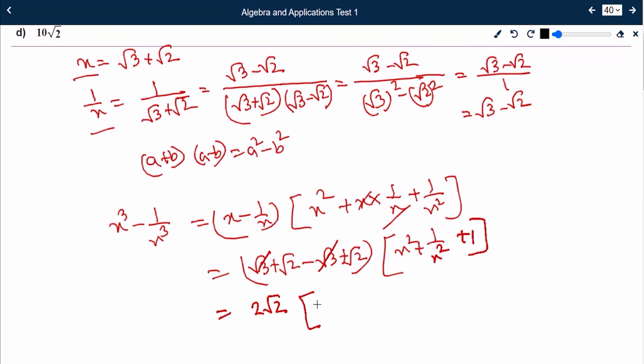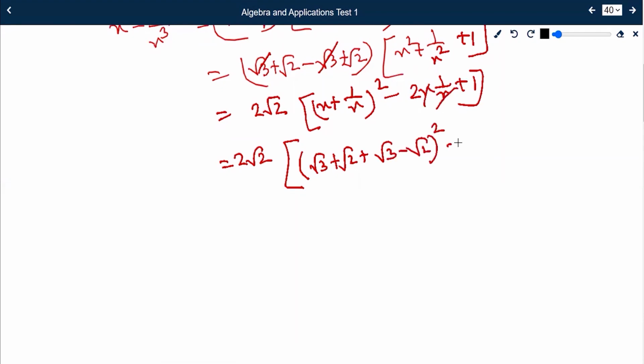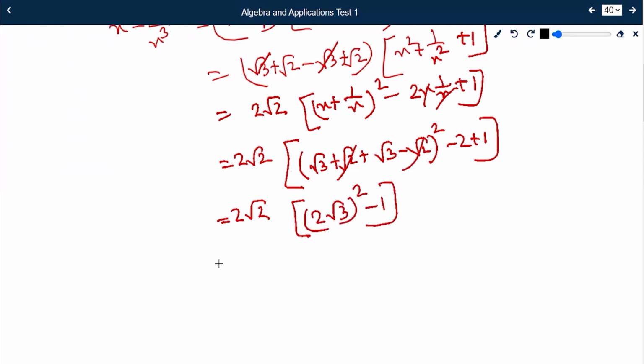One of the identities, that is x plus 1 by x whole square minus, let me write here the value root 3 plus root 2 plus root 3 minus root 2 whole square, also minus 2 plus 1. So 2 root 3 whole square minus 1.